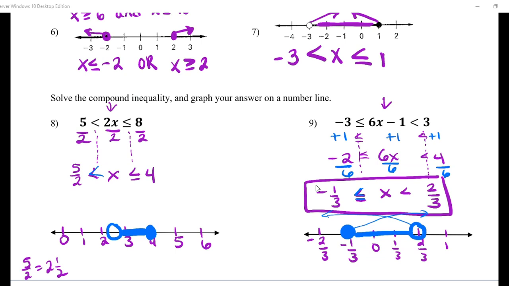Because you can almost always count on it, if it's an "and" inequality, it's going to be shaded in between those two values. That's where they're both true.